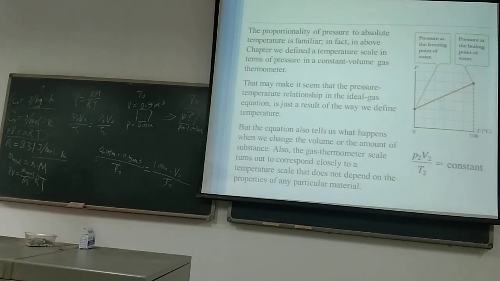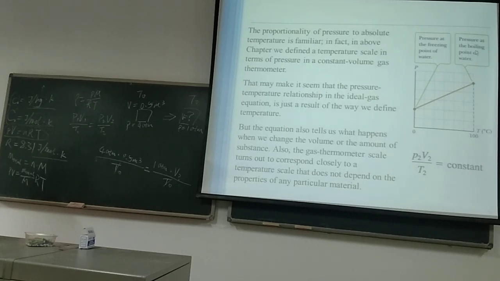Here is a picture of how we define the temperatures. At 0 centigrade, or we can say 273 Kelvin, is the pressure at the freezing point of water, or the temperature of the mixture of water and ice. Then the temperature increases all the way to 100 centigrade, or 373 Kelvin.